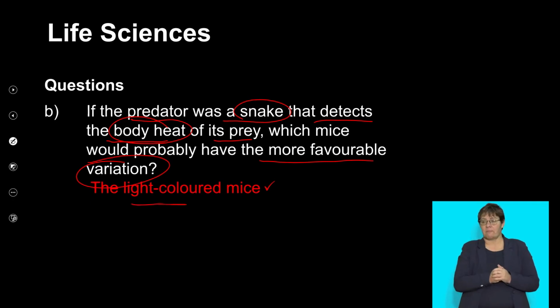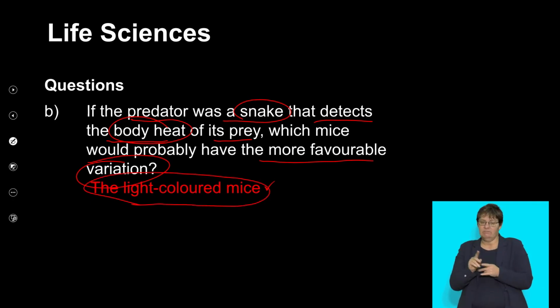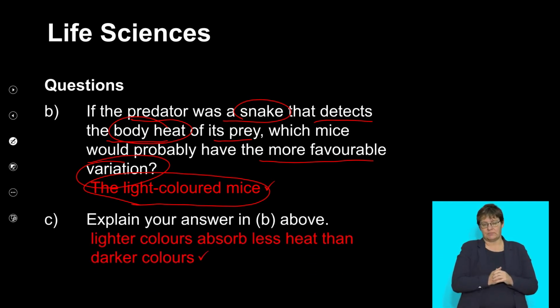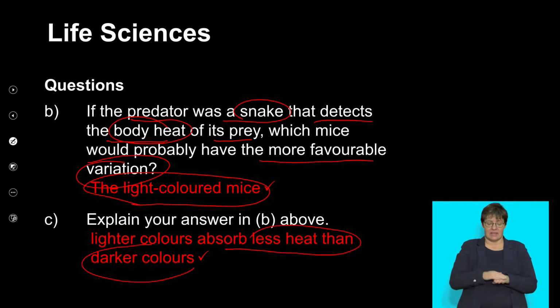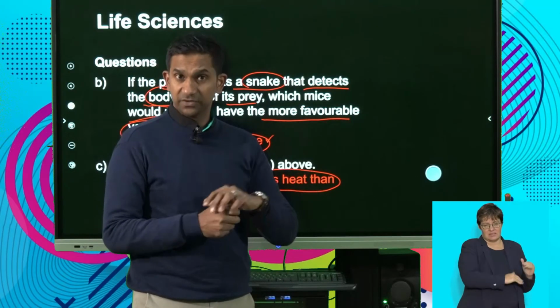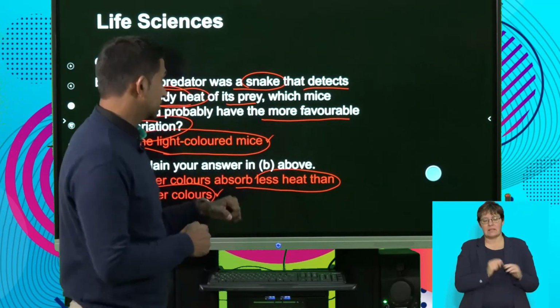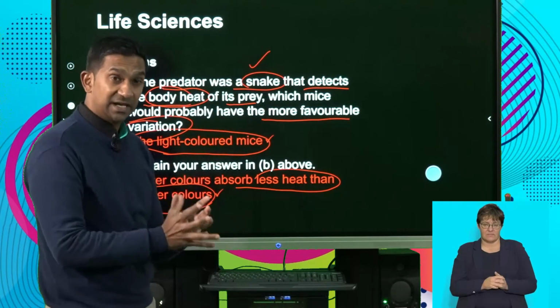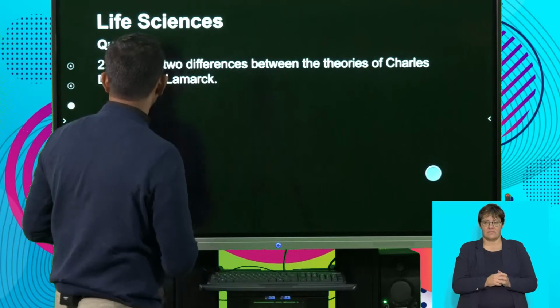So the light colored mice are more likely to not be detected. That's because, as I explained, light colors absorb less heat than dark colors, and hence their numbers will gradually increase over a period of time if the selection pressure, in this case the snake numbers, increases in that particular environment.